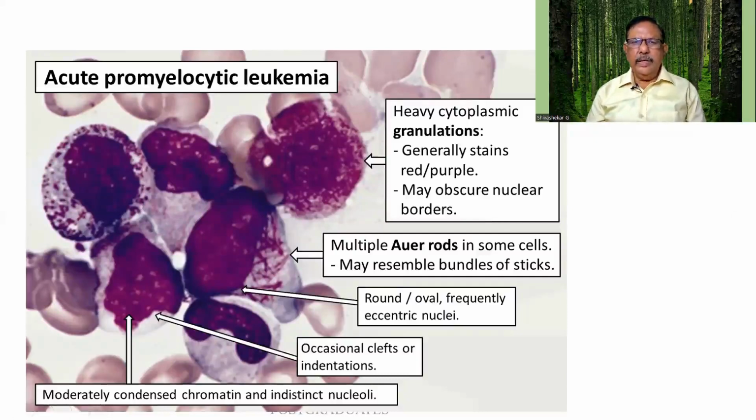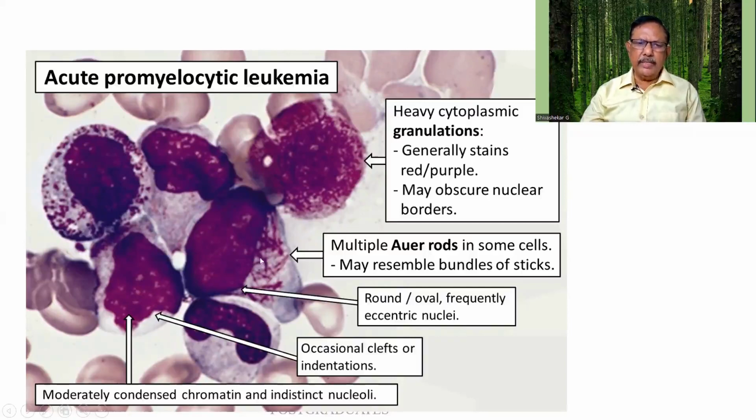This is again a picture of a promyelocytic leukemia, but there are two things we'll have to appreciate in this picture. One, I find that there are coarse granules and the nucleoli. I hope you people can make out because it is a little darkly stained. This is the promyelocyte over here. But again, these cells are all extremely large and bizarre.